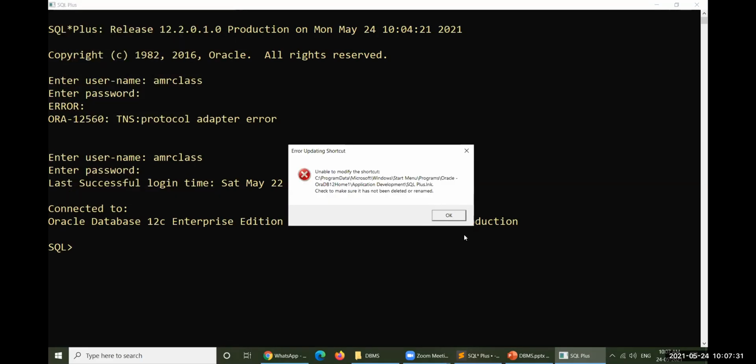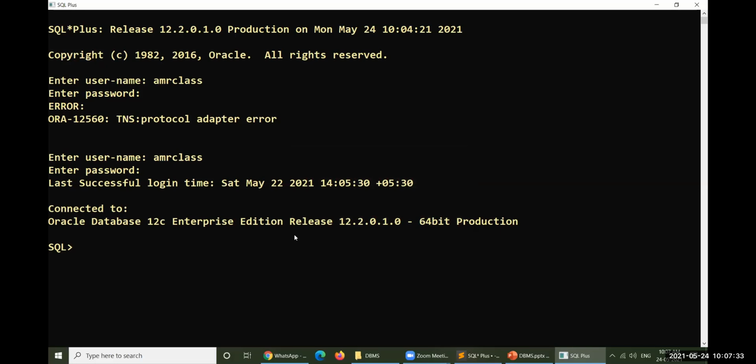Now some set operations will be there. Set lines 300, set pages 50, and then column P name format A30 or A20, something like that.